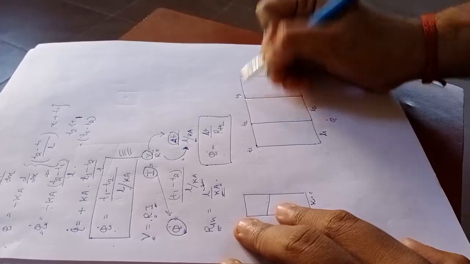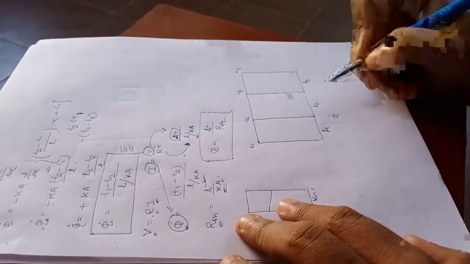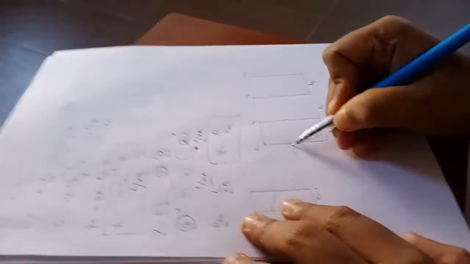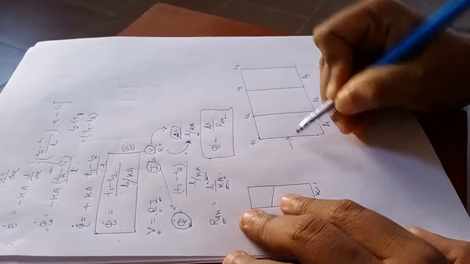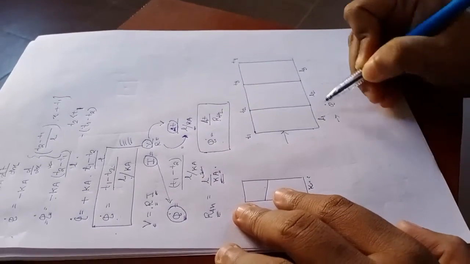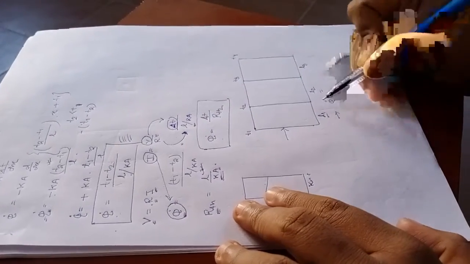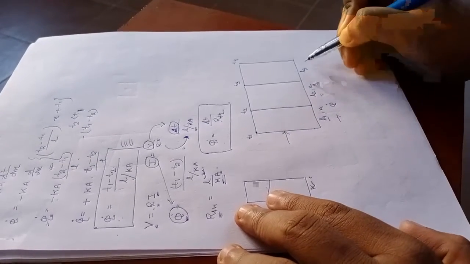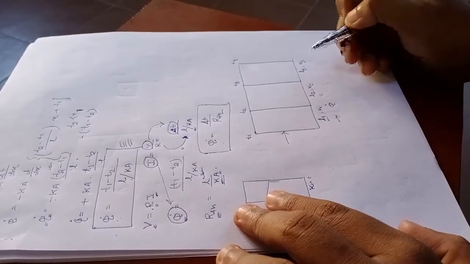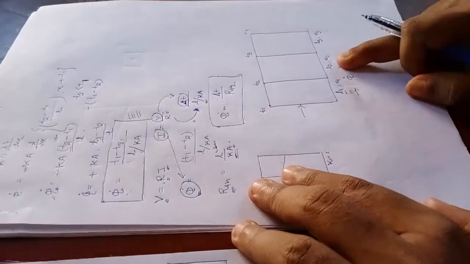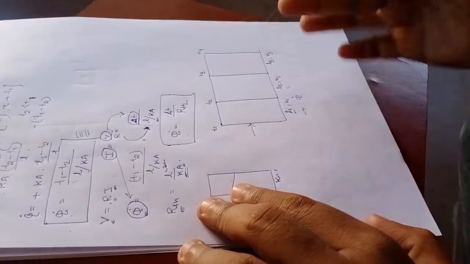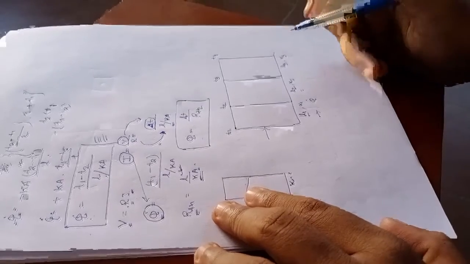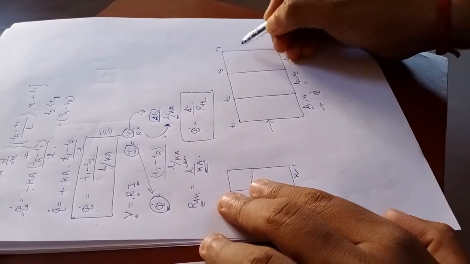Here the temperatures are T1, T2, T3, T4. So heat is transferring along this composite wall from this direction to this, where we have defined lengths and different thermal conductivities K1, K2 and K3. We are considering the area to be the same, though you can consider the area to be different.